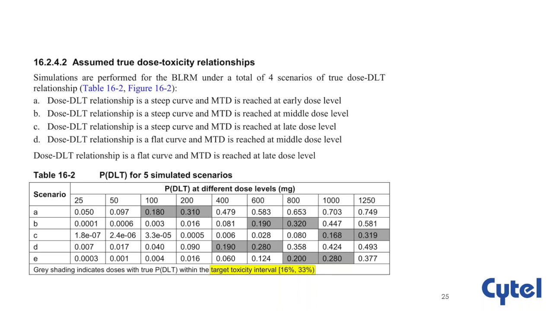So these situations that you see here, these 5 scenarios that were listed in the paper, are situations where the true MTD appears at different places in the range of the dose levels. You can see in scenario A, it is somewhere between 100 and 200 milligrams. In scenario B, it is between 600 and 800 milligrams. In scenario C, it is between 1,000 and 1,250 milligrams.